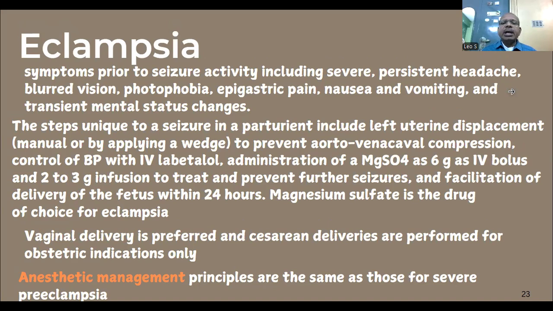Control of BP and control of seizures are the next important steps. Facilitation of delivery of the baby within 24 hours is important, and vaginal delivery is preferred. Cesarean deliveries are performed for obstetric indications only.